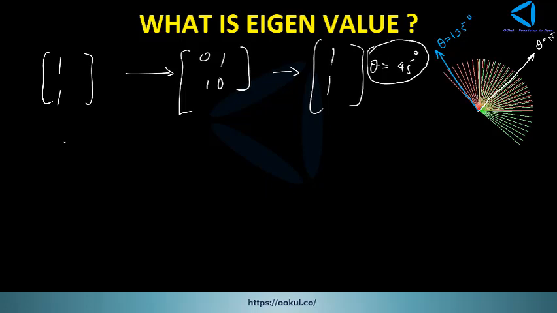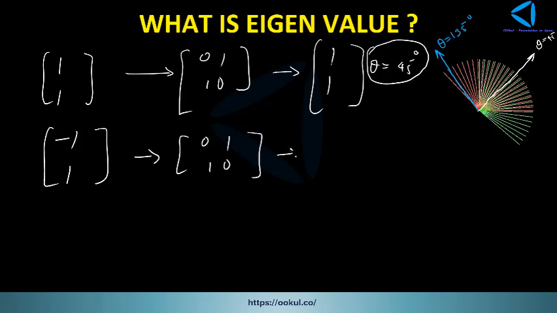And if we give minus 1 and 1 to the matrix 0 1 1 0, it will give you 1 minus 1 at theta equal to 135 degrees.